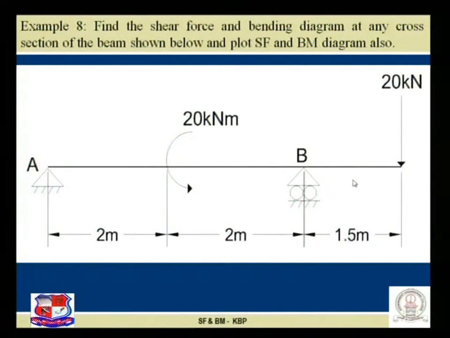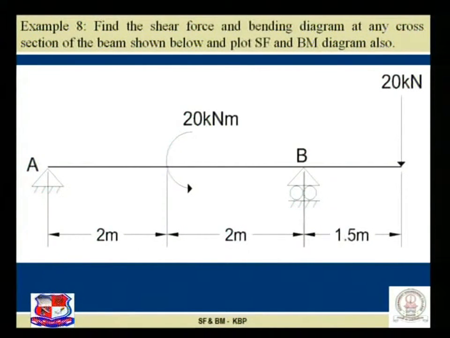as an overhanging beam. This overhanging beam is subjected to a concentrated moment as well as a concentrated load. Our intention is to find out the shear force diagram as well as the bending moment diagram. So what will be our first step?